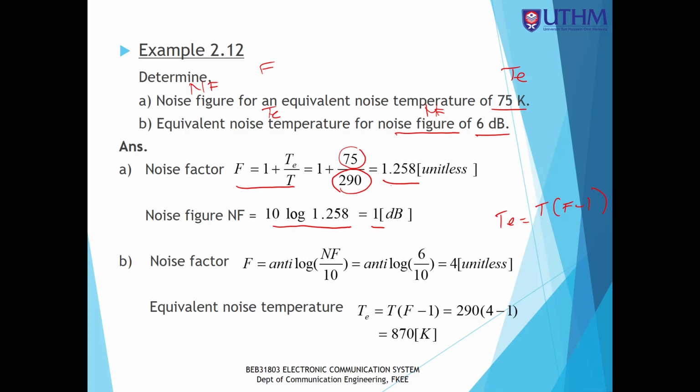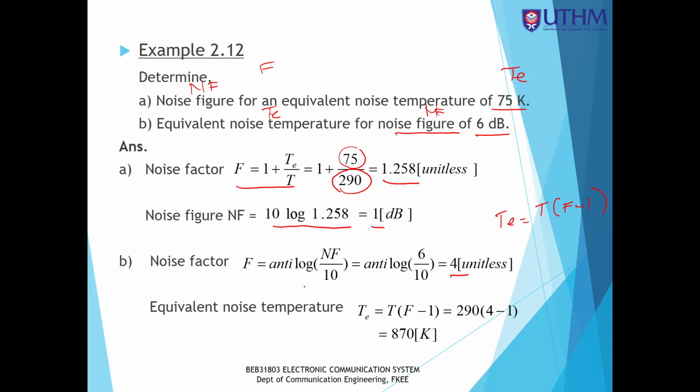Sorry, the noise figure is 6 dB, so 6 divided by 10 is 0.6. The antilog of 0.6 gives 3.981, rounded up to 4, so no problem.